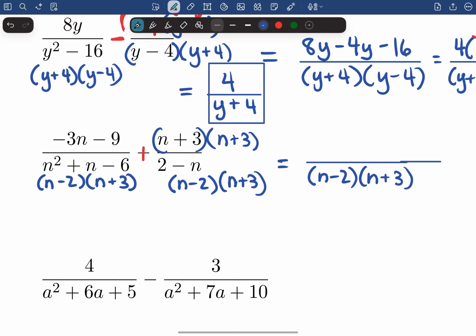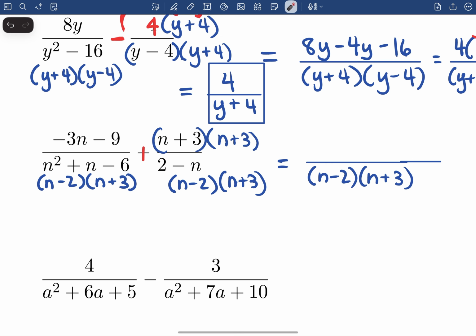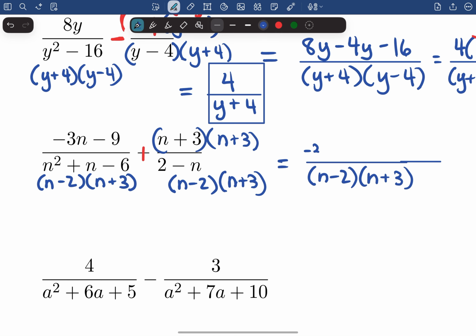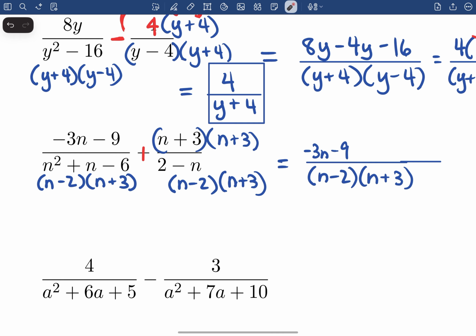And on the top, well, we've got the negative 3n minus 9. So I'll write that, negative 3n minus 9. And we've got this binomial times this binomial, n plus 3 times n plus 3. So what I recommend you do at this point is FOIL. Okay? We like to leave the denominator in factored form, right? But we need to clean up the numerator.